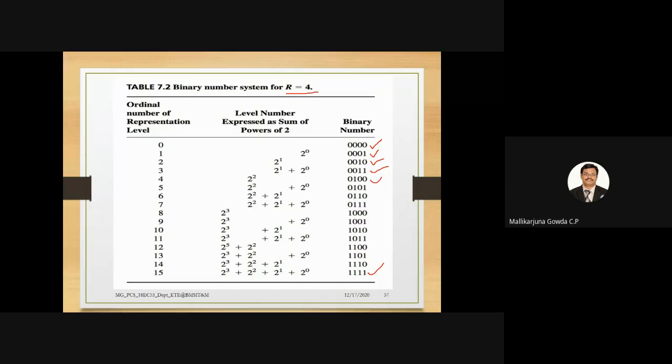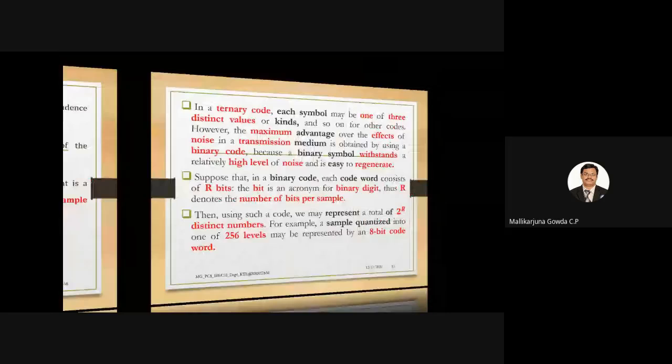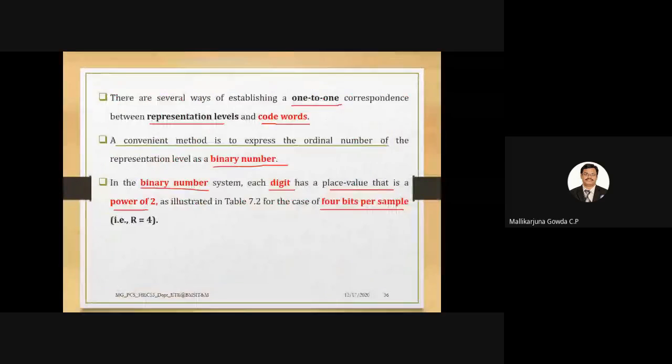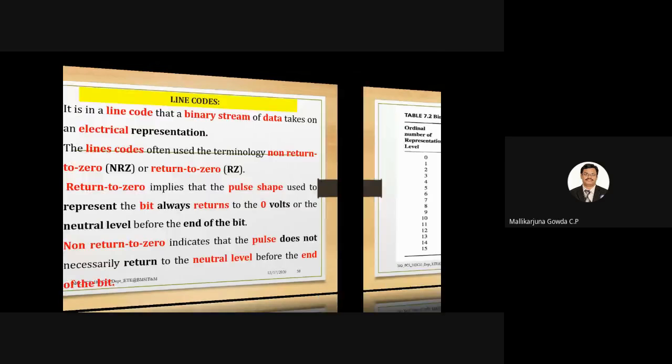Is this clear? If I keep saying these things theoretically, you may not understand, but when I show this table, you will be able to understand quickly what I am saying. Being in fifth semester, you should be able to understand decimal to binary.